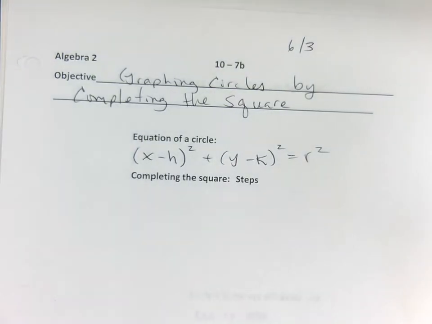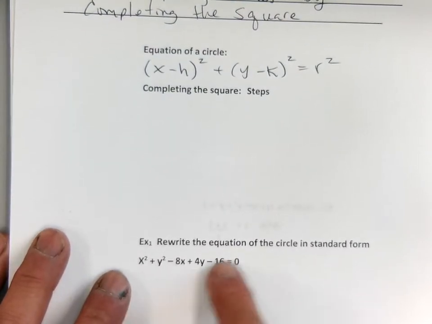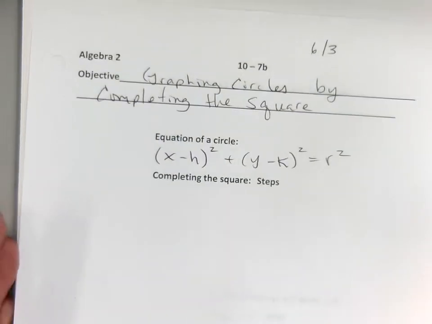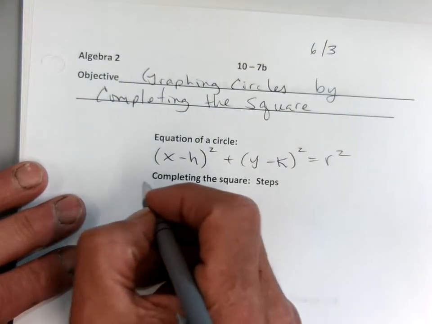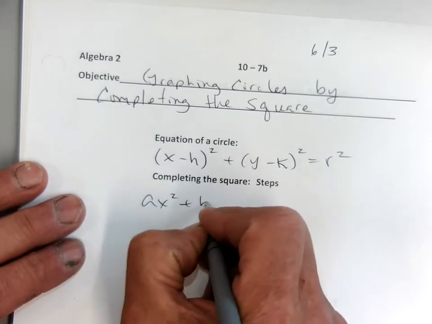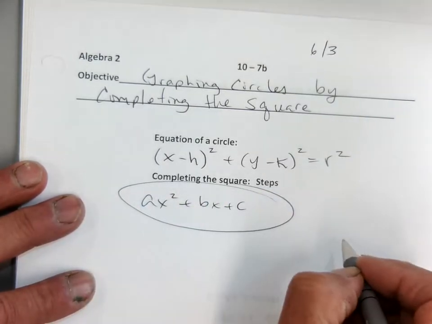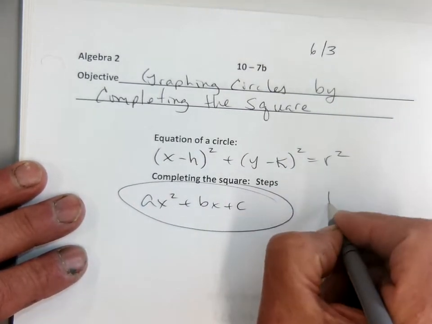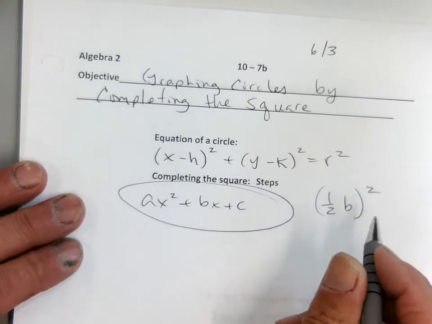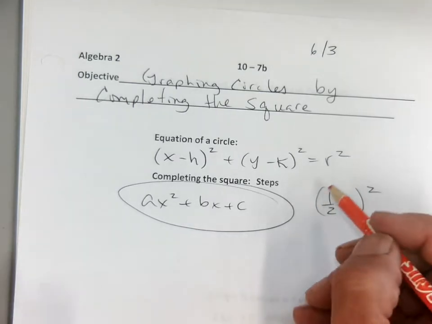If I look at example 1, it's not in this nice standard form at all. We're going to have to fix this, okay? So we complete the square. What we did from some ax squared plus bx plus c, and we've done this before, is we took 1/2 of b and we squared it, okay? And when I go back through this, I'm hoping you're going to go, oh yeah, I remember that. I'm hoping, right?